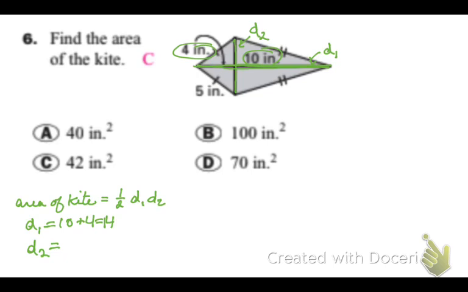The easiest thing to do would be to take this big triangle and divide it into two. Let's say we'll do this triangle right here.